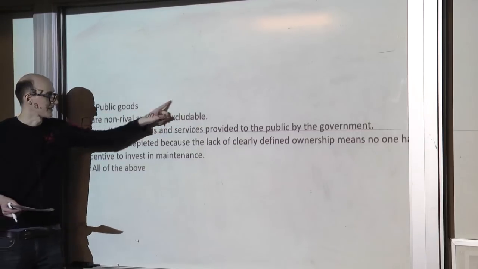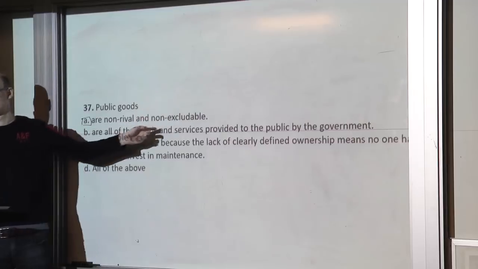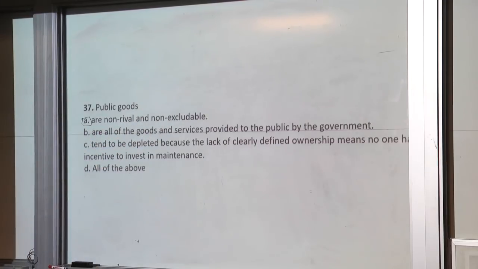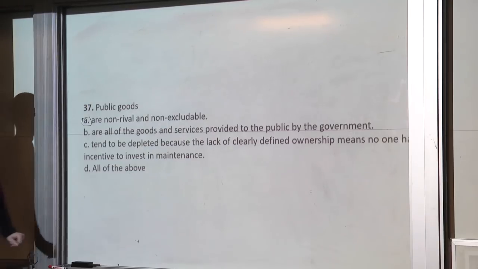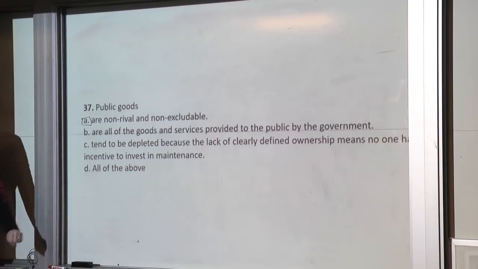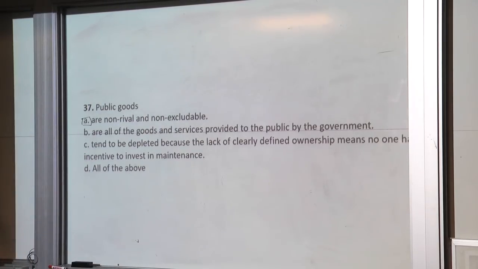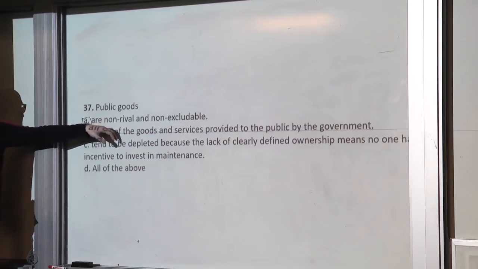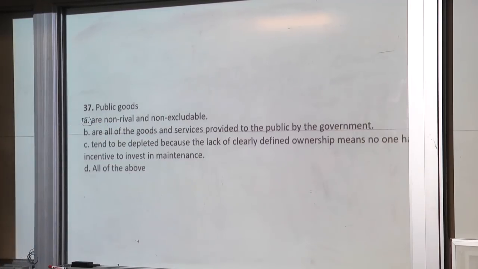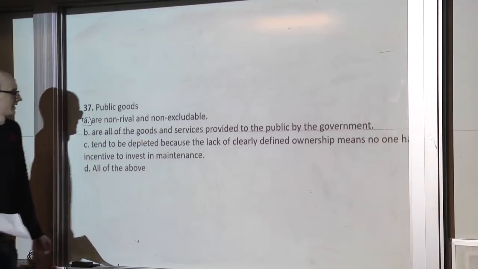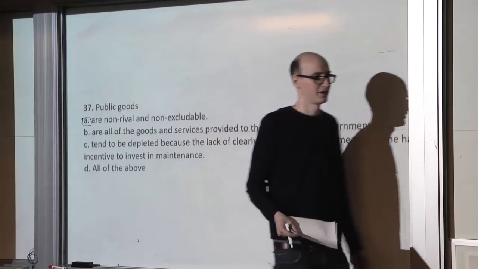What's an example of something that's non-excludable? Well, if a violinist is playing outside in Times Square, then that's going to be a non-excludable good, right? Anyone can come to Times Square and listen. It might still be rival, right?